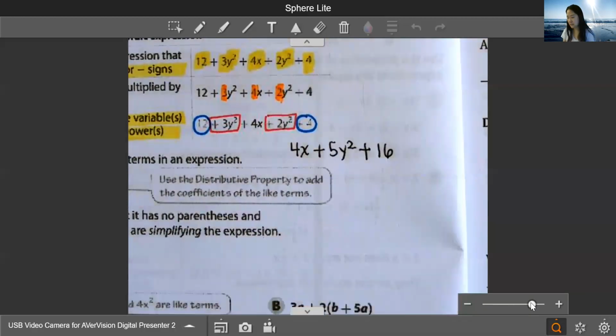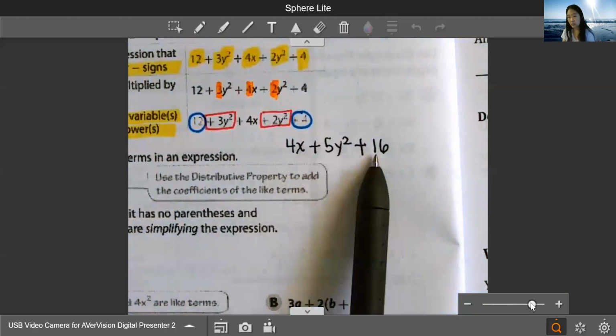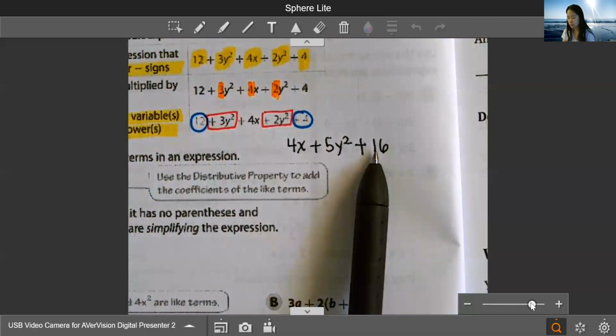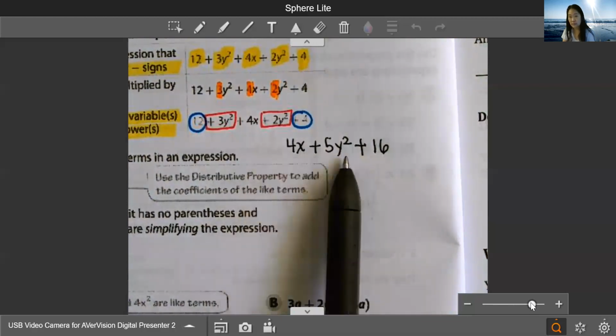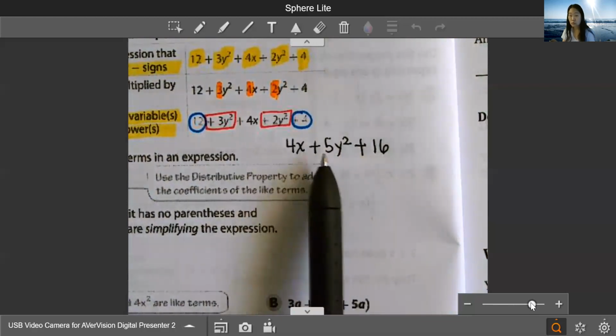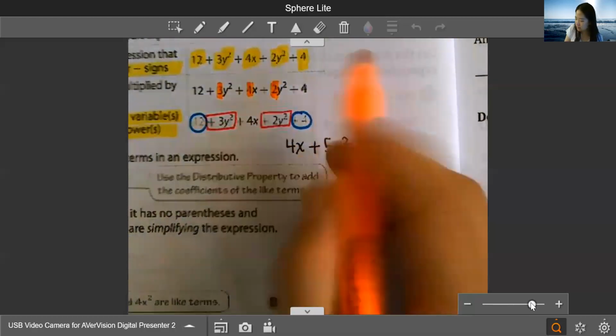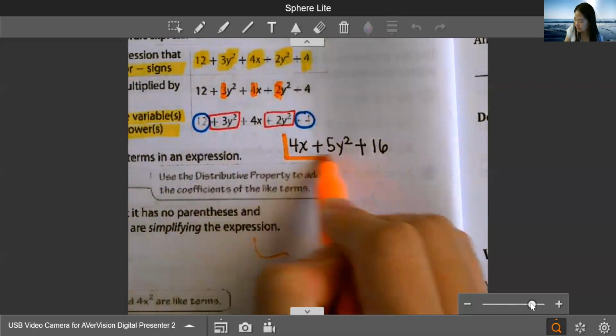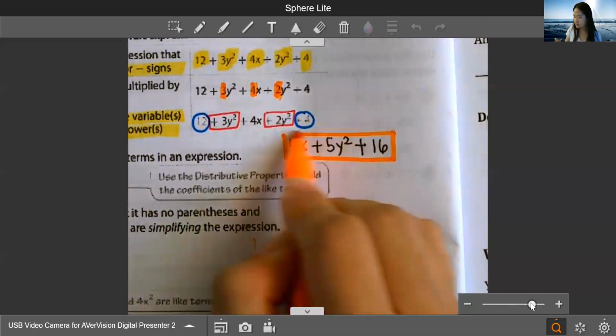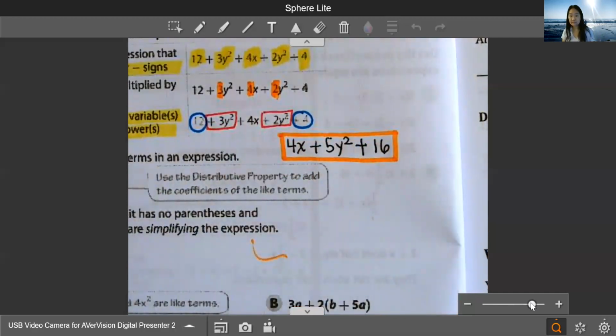Now, take a look here. I don't have any more like terms. There's no variable with the same power. So this is my final answer. My answer is 4x plus 5y squared plus 16.